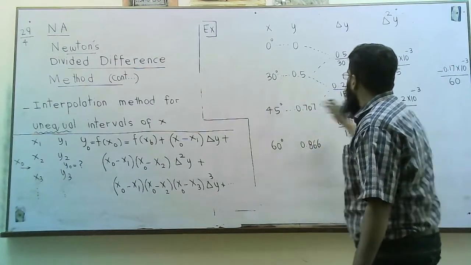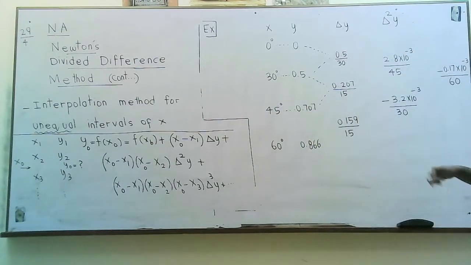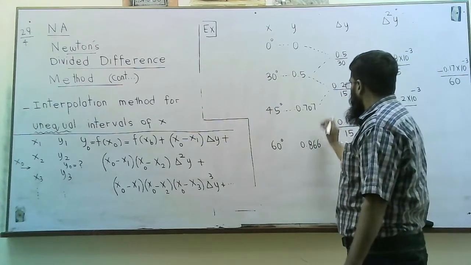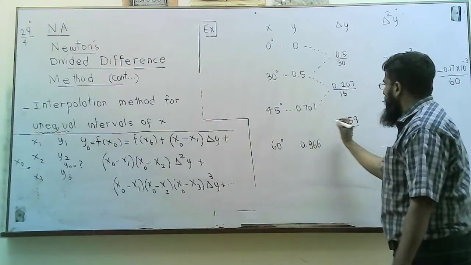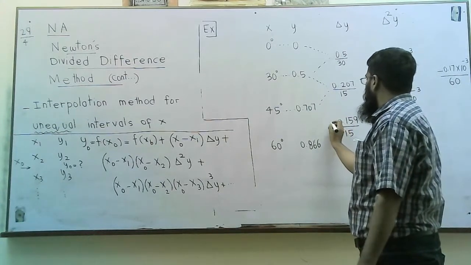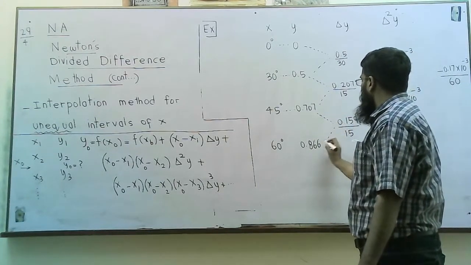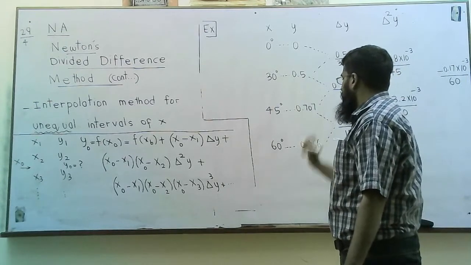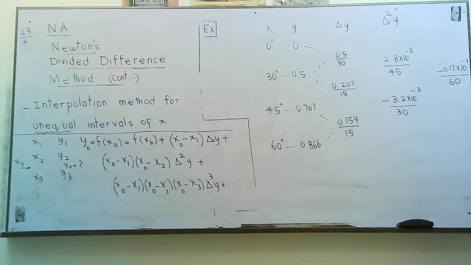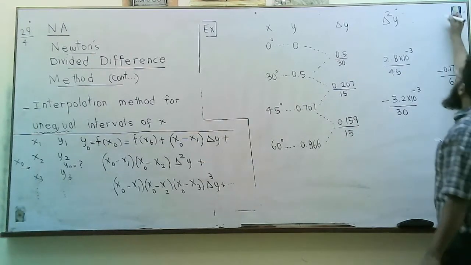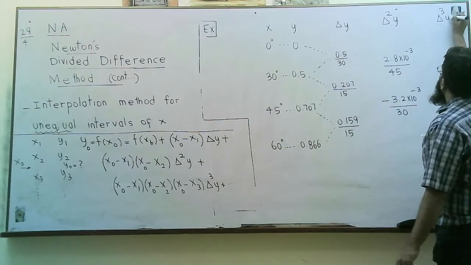So 45 minus 30 is 15, and for this it is 0.866 minus 0.707, the difference of y in the numerator, and the difference of x in the denominator, 60 minus 45, is 15. And then del squared y, and finally del cube y, I forgot it.